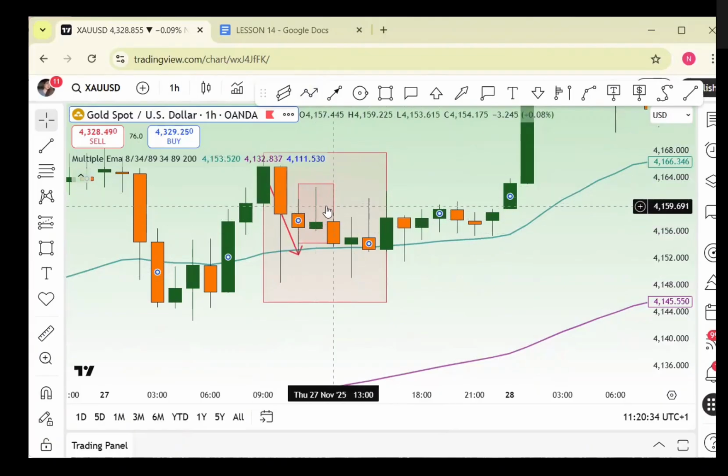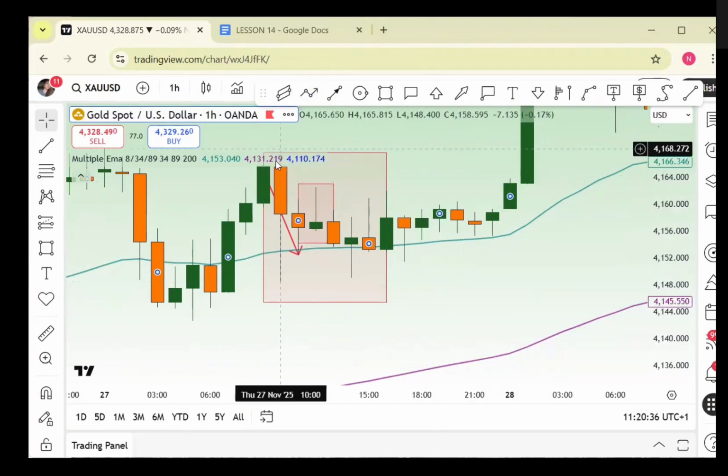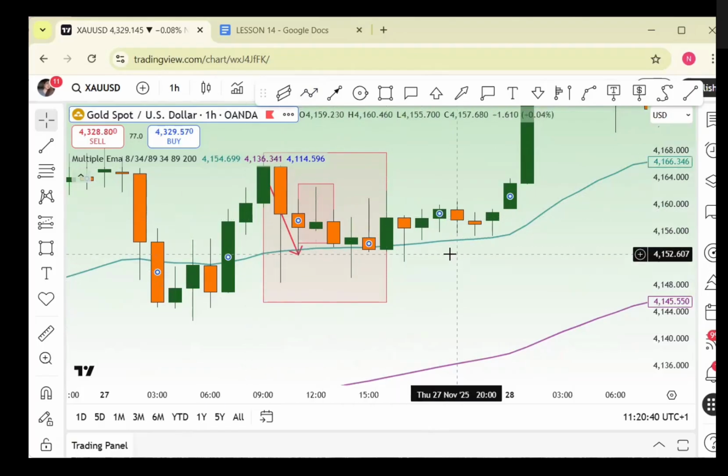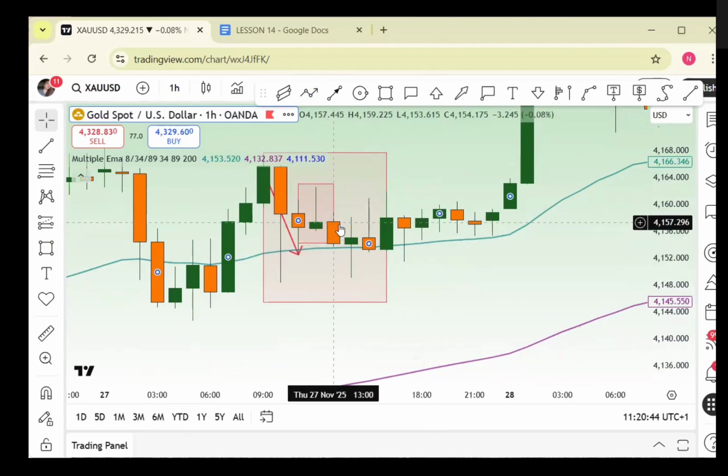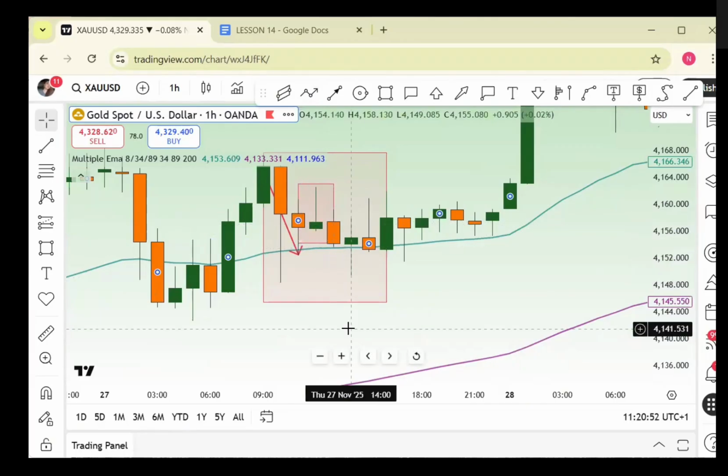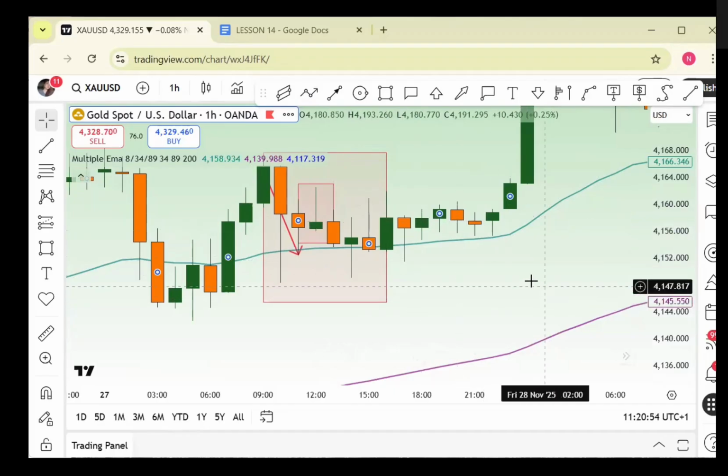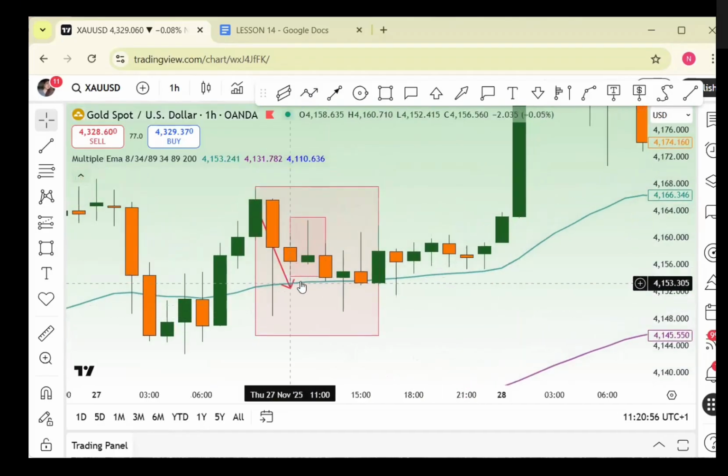Even though it's a hammer after a short-term downtrend, it's not successful in producing a bullish move because the next candle that appears after it is the bearish candle. So that's why we wait for confirmation. The next candle confirmation is very important.